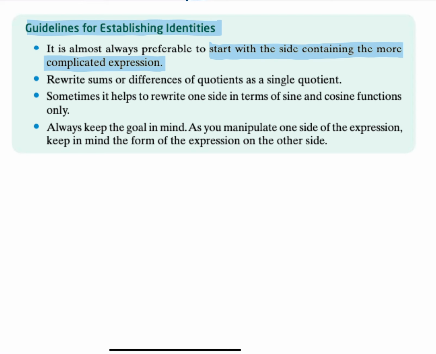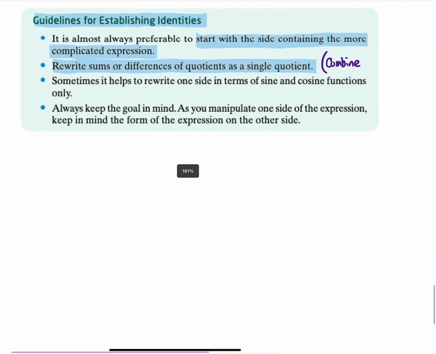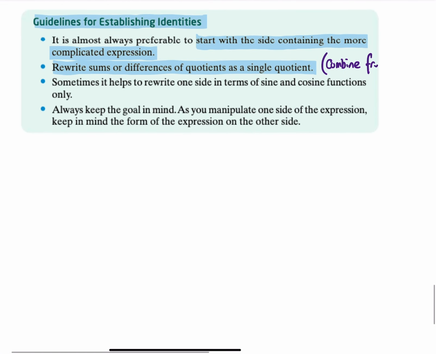It says to rewrite sums or differences of quotients as a single quotient. What they're saying here is combine fractions. So we did that quite a bit. It says sometimes it helps to rewrite one side in terms of sine and cosine only. So we did that quite a bit.